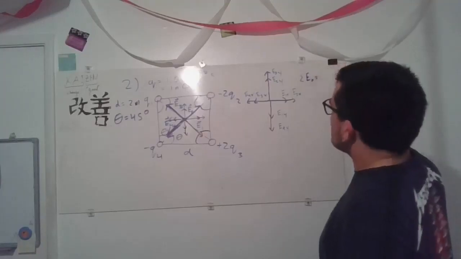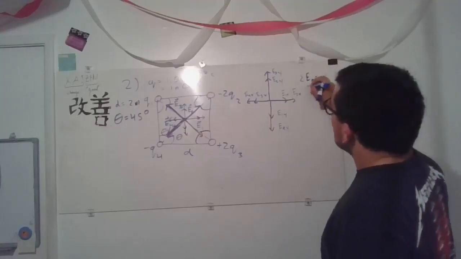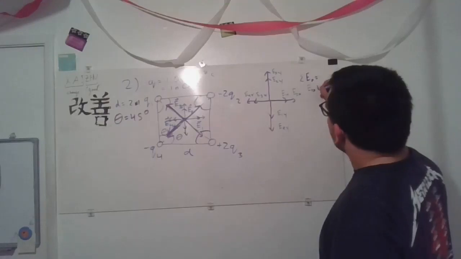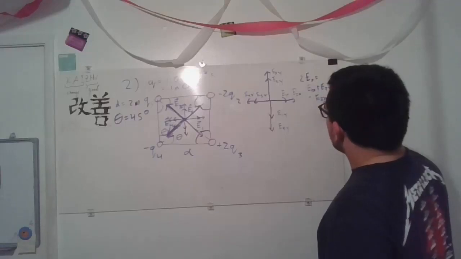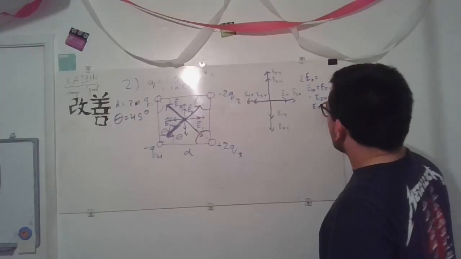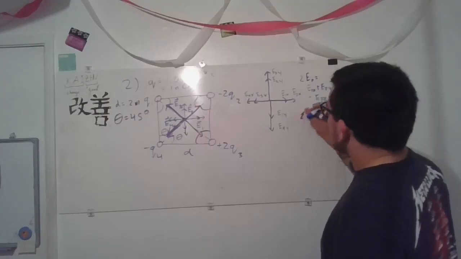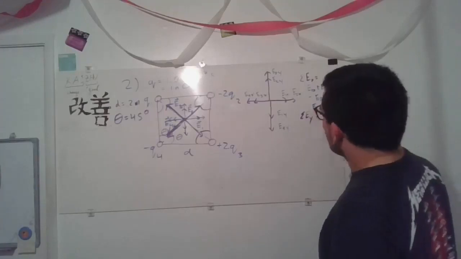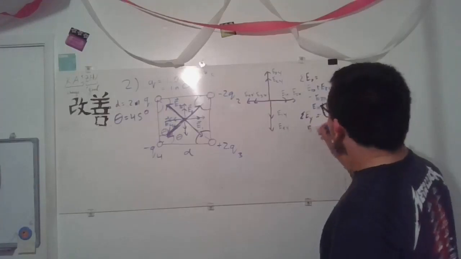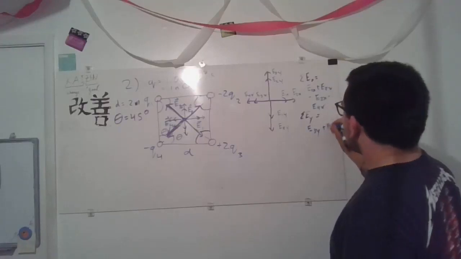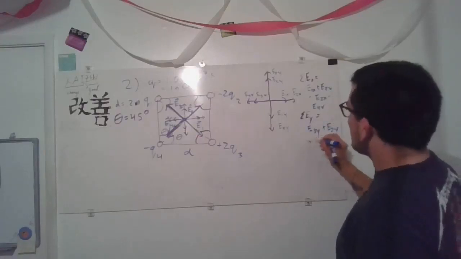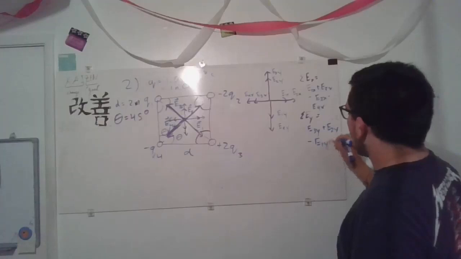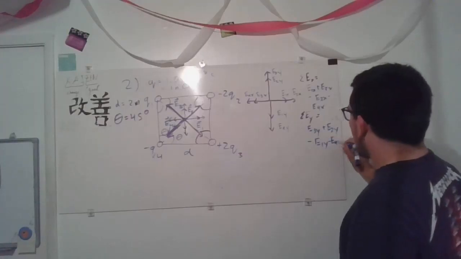The sum of the electric fields in the x direction is just going to be E1x plus E2x minus E3x minus E4x. And then the sum of the electric fields in the y direction will be E3y plus E2y minus E1y minus E4y.